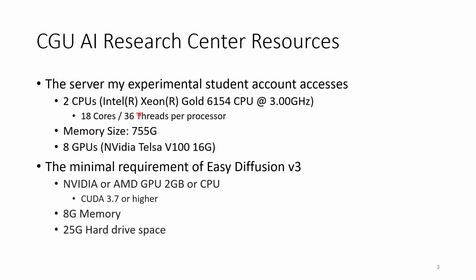It means 36 threads each, so in total there are 72 threads. The overall memory size is more than 1700 gigabytes, so it's quite large. And there are 8 GPUs, each of them a Tesla V100.